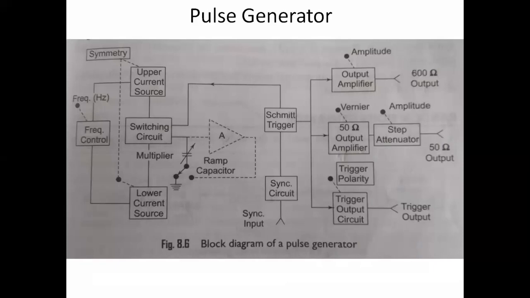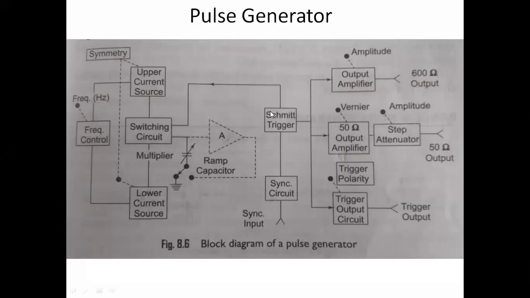Using the pulse generator, we can also produce square waves as well as pulses with the required duty cycle. So we can generate pulses with the desired duty cycle by using this pulse generator.